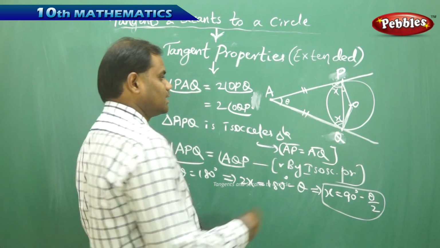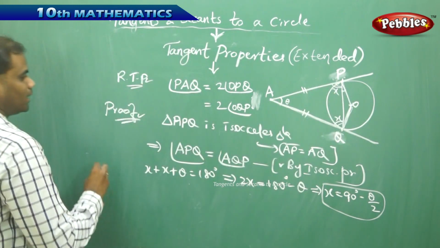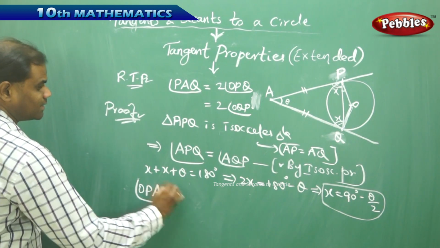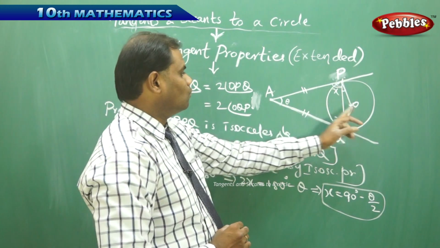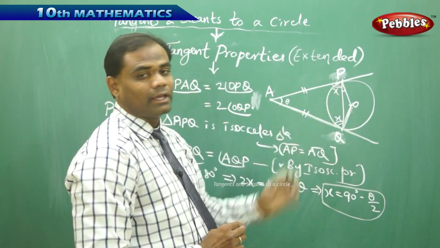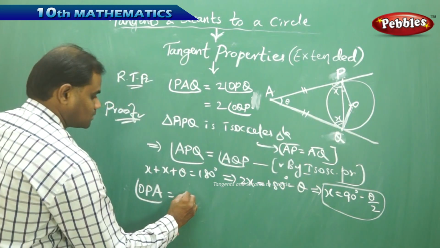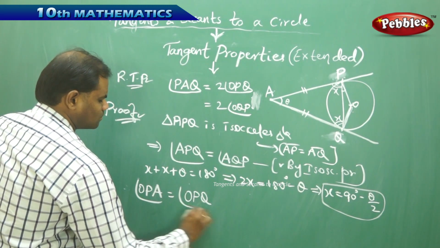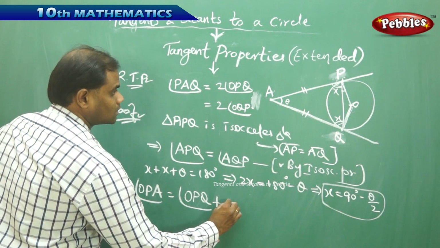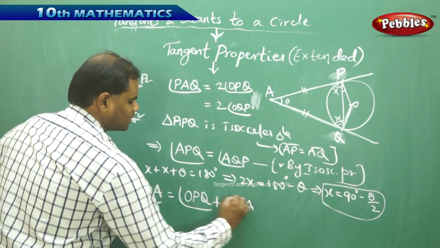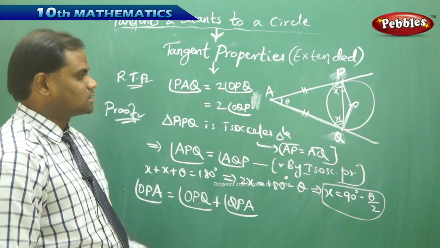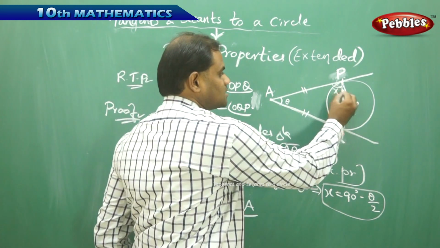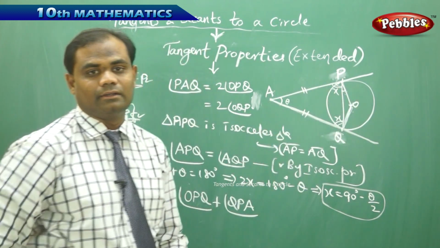Now next I consider the angle OPA. Therefore, angle OPA, as I see in the diagram, is OPQ plus QPA. That is angle OPQ plus angle QPA, when I split the entire angle into this angle plus this angle. So this plus this is the entire angle.